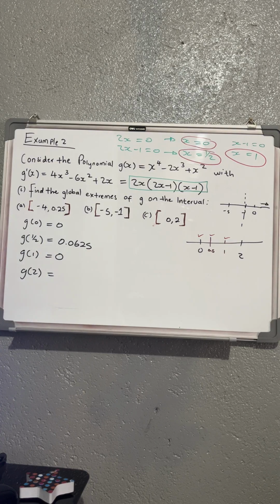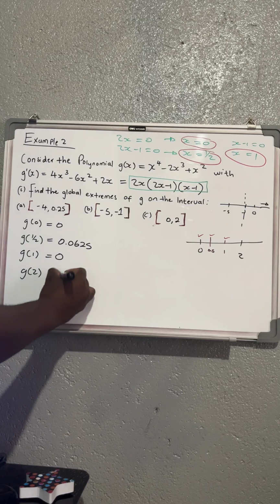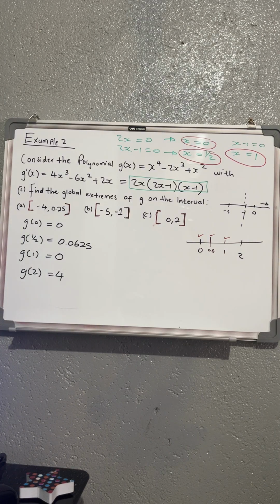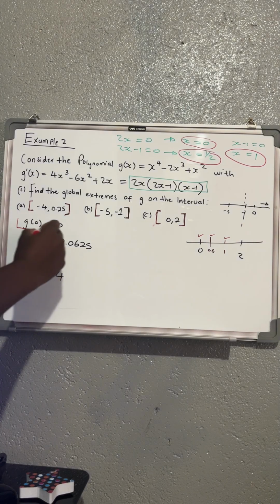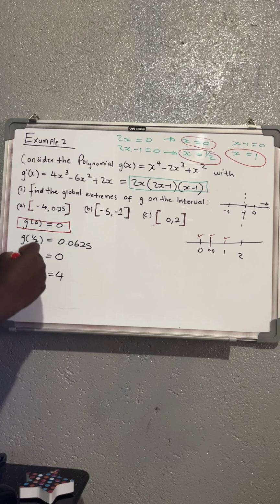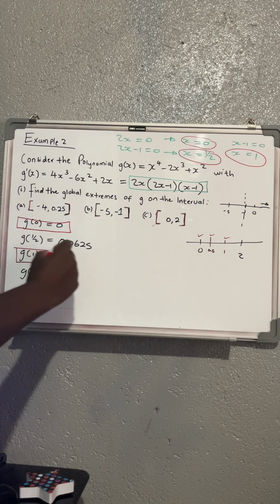Then your g of 2 gives us a 4. Now you have to finalize your values, and if you notice with this one, we have 2 x values that are giving us minimums.